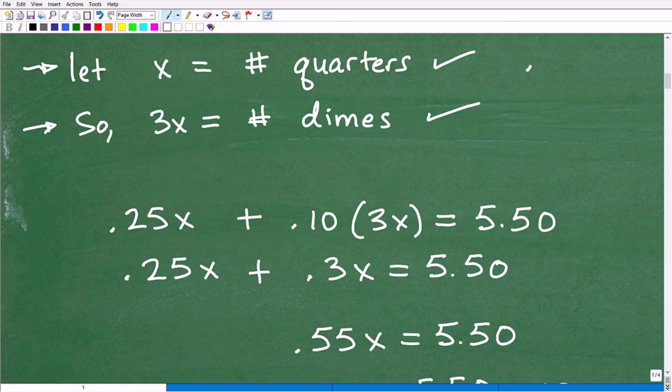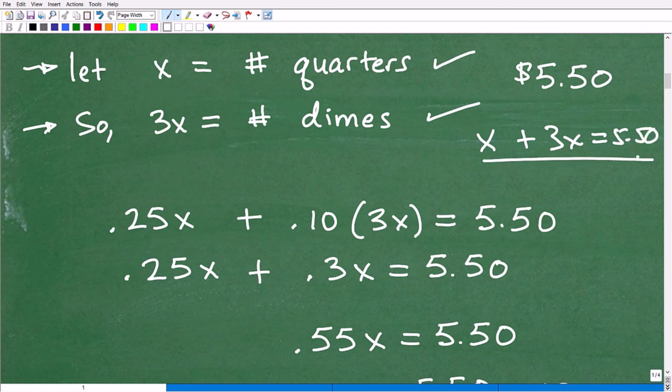But we have this dollar value, $5.50. That has nothing to do with the number. It has to do with the monetary value, how much total money you have, not the number. So we can't construct an equation that way. Some of you out there might make this mistake. You might say, oh, okay, x quarters plus 3x dimes is going to be equal to 550.